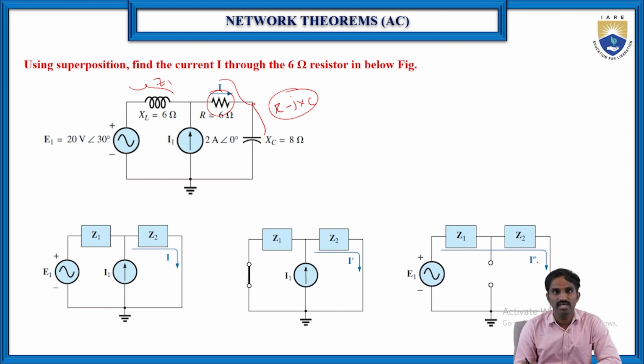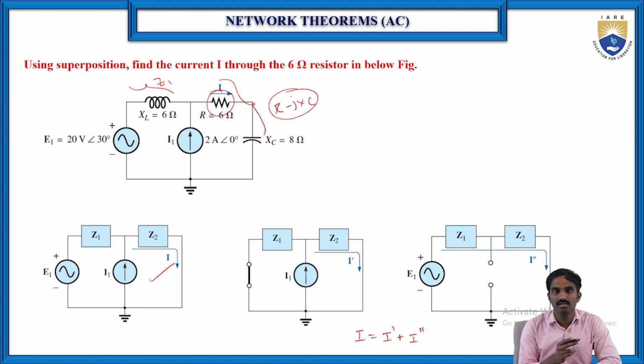Let us consider here it is I double dash, then the total current flowing through this particular circuit is I equal to I dash plus I double dash, because I dash and I double dash are both in the same direction as the I direction. So there is no change in the sign, because there is no change in the direction. But in the previous case, I dash and I double dash directions are opposite to each other.